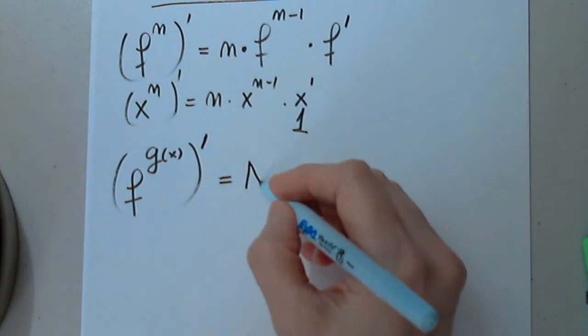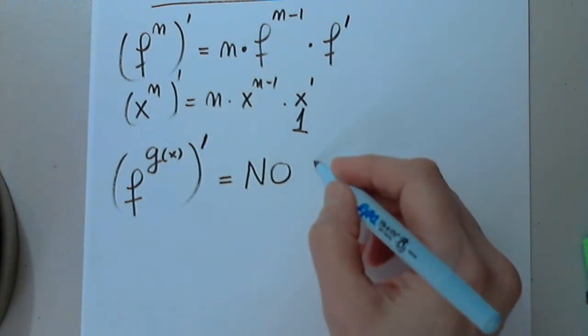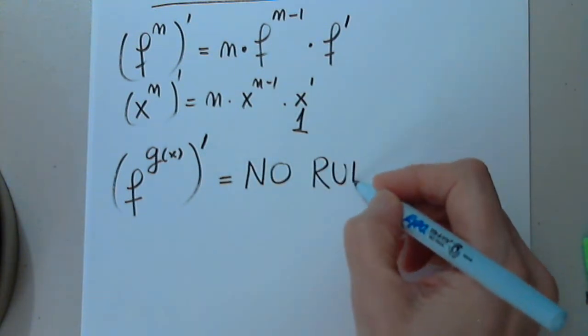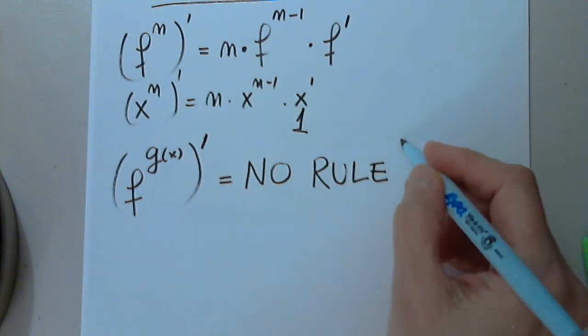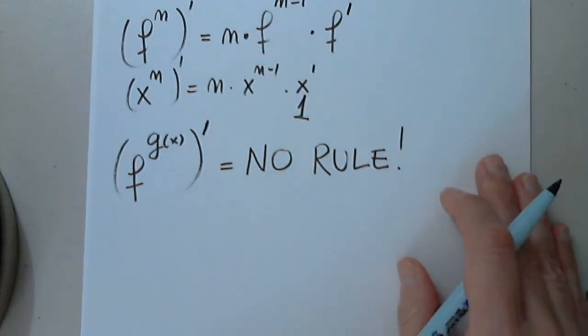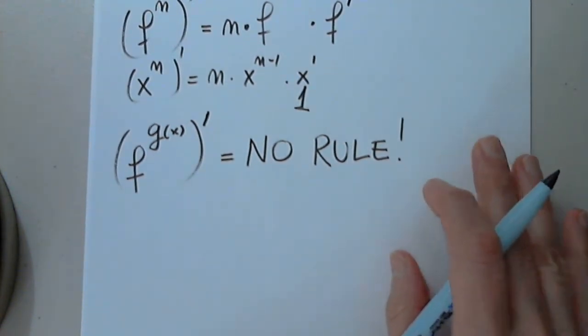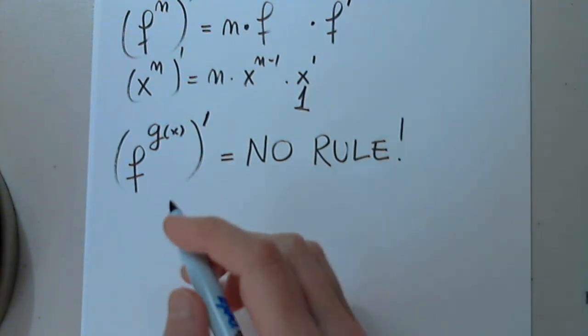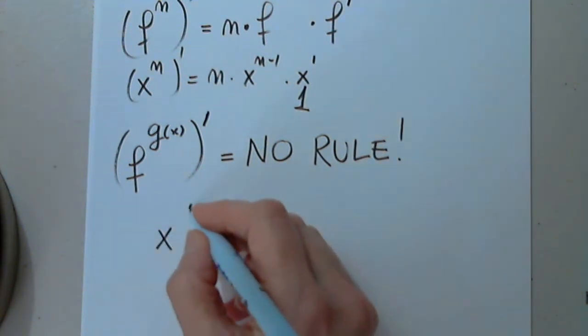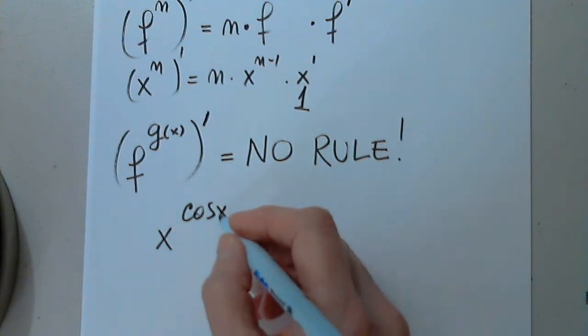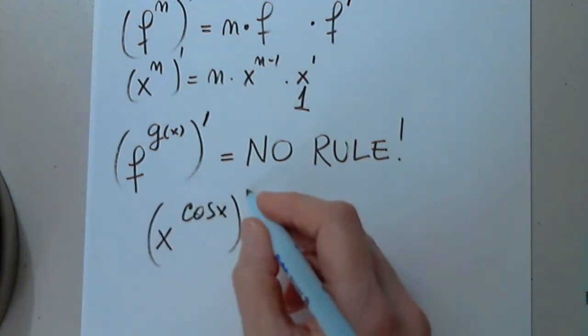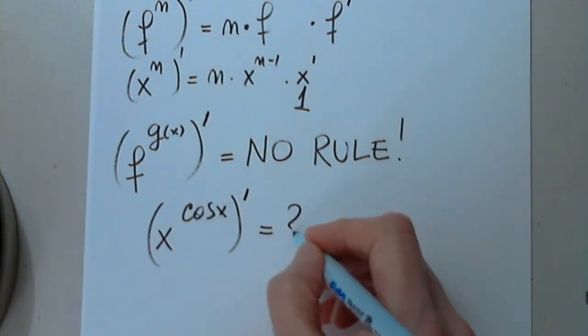Okay, so no rule. Okay, it does not exist. So let me start with an example. Let's say x raised to cosine x. So the question is asking us to find the derivative of this function.